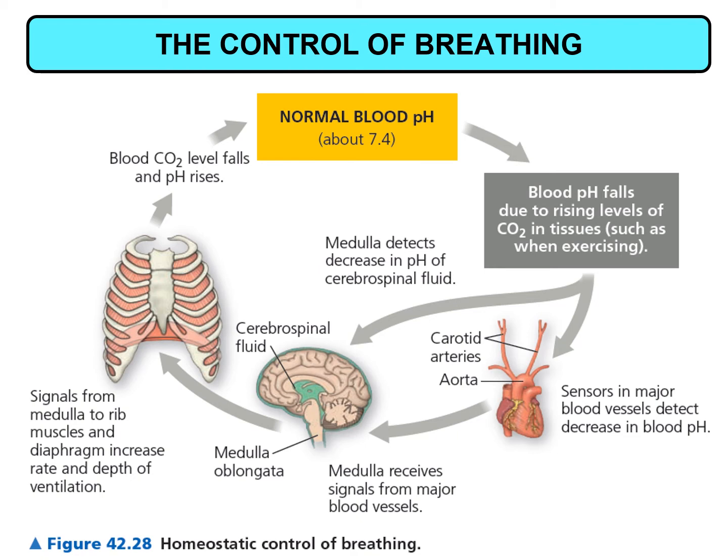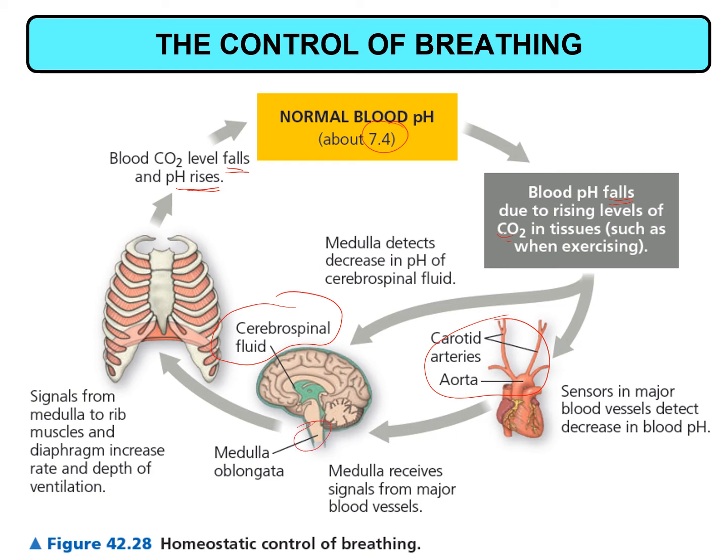The control of breathing, when blood carbon dioxide level rises, pH will fall. So normal blood pH is at about 7.4. If blood pH falls due to rising levels of carbon dioxide in tissue, for example, when we do exercise, the pH changes will be detected by peripheral chemoreceptors, and then at the same time cerebrospinal fluid will also receive hydrogen ions, so the pH of the cerebrospinal fluid will also change.